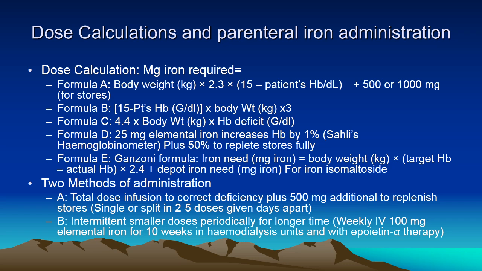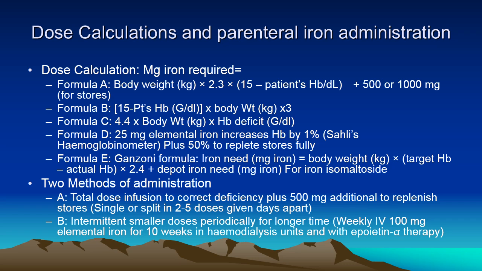Formula A is Ganzoni formula, which is devised for isomaltosides, but in essence the formula is the same. Need of iron is body weight into target hemoglobin, say 14 or 15 gram, minus actual hemoglobin multiplied by 2.4 plus need of deposits. Methods of administration are two ways.